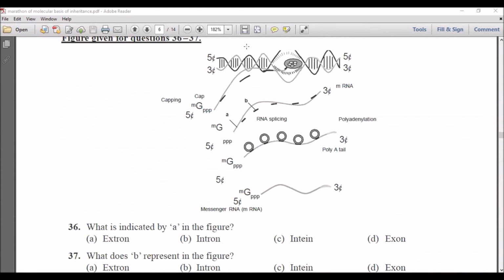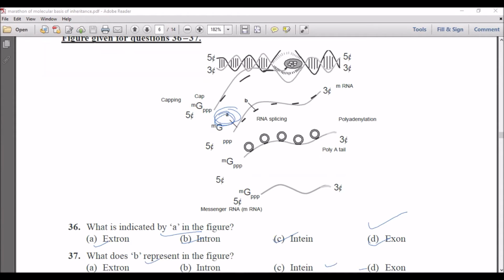So first question is, what is indicated by A in the figure? By looking at the figure, we have to tell what this A is. Now options are exon, intron, intein, and extron. So we know that A represents the exon. What does B represent in the figure? Extron, intron, intein, and exon.